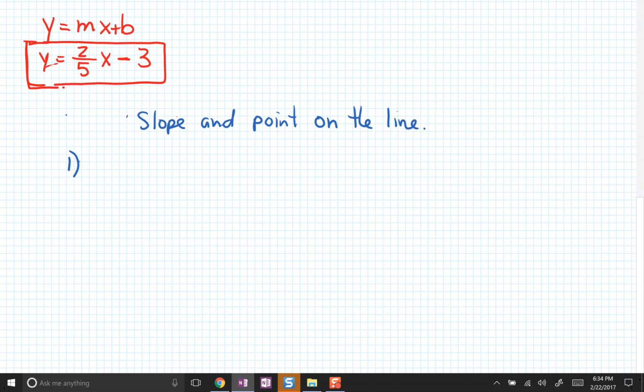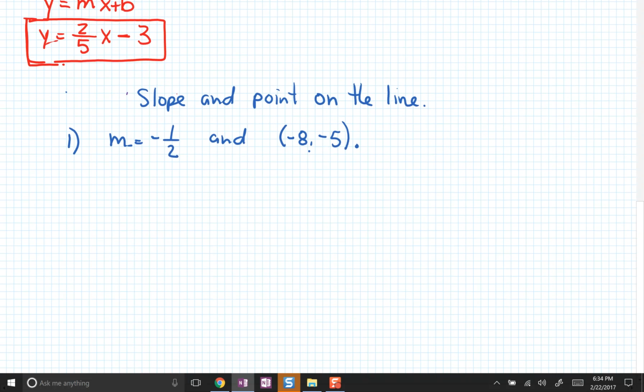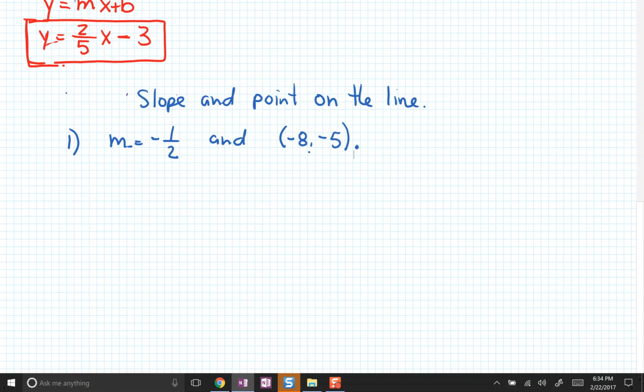Suppose that you are given a slope of -1/2 and a point on the line of (-8, -5). We're going to find the equation of the line given that information. So stop the video and see if you can do that, and then come back when you've completed it.